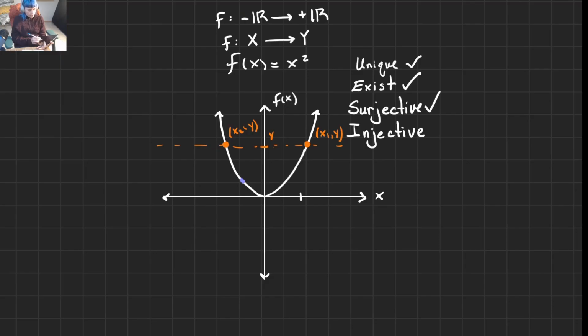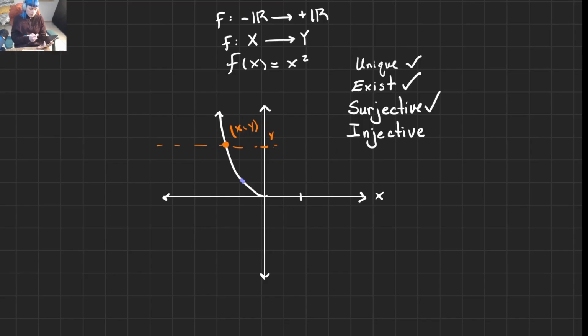If we choose the negative reals, then that removes all of the positive x values from the domain. And then you can see that now we do have one unique x value for every y value, for any y value. There's just one x value corresponding to it.